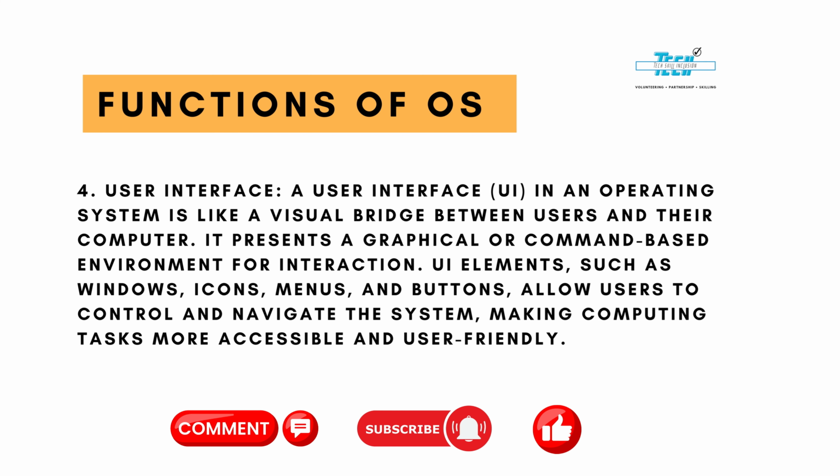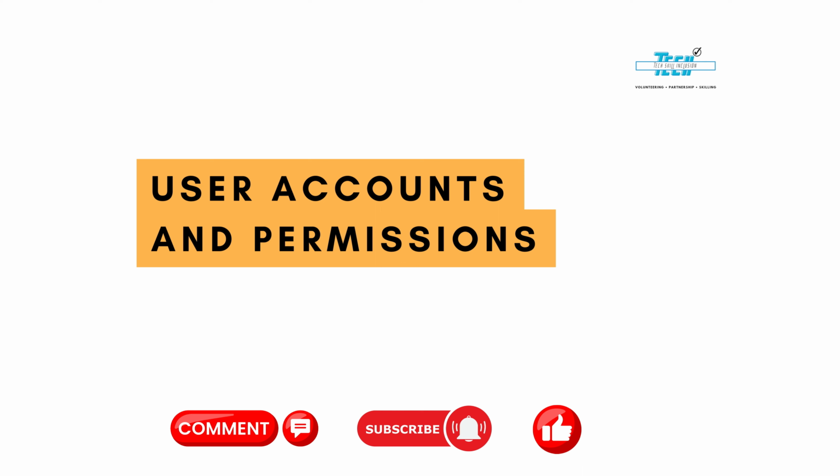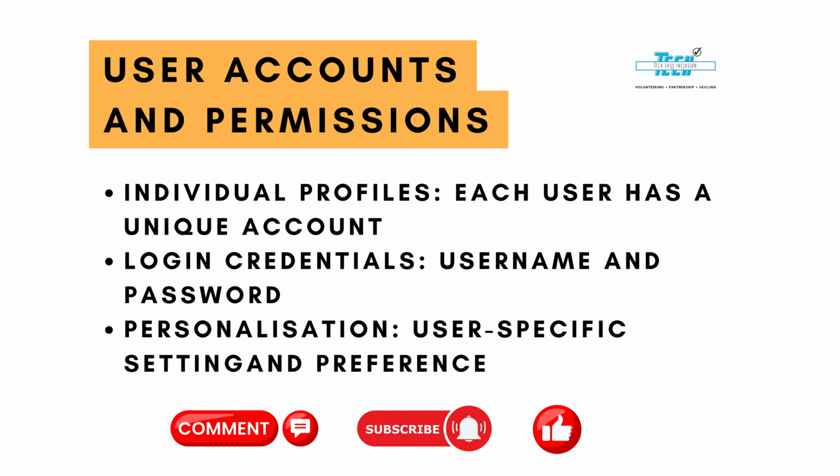And then next, I'll briefly talk about user accounts and permissions. First is the user account. We have individual profiles, so each user has a unique account. For example, you have your social media account, like your Instagram account.